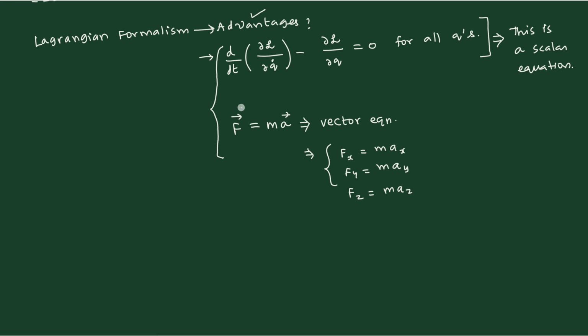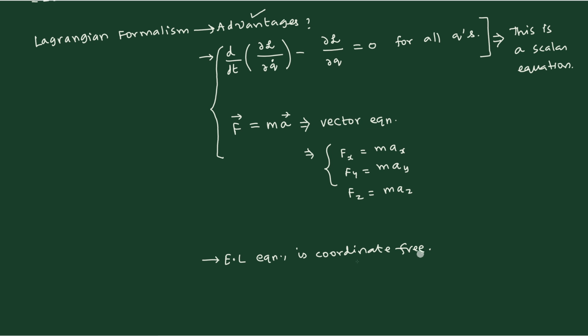The second point, the third advantage I'll write down, is that this particular Lagrange equation, or the Euler-Lagrange equation, EL equation, is independent of a coordinate system. So we can say that it is coordinate free.